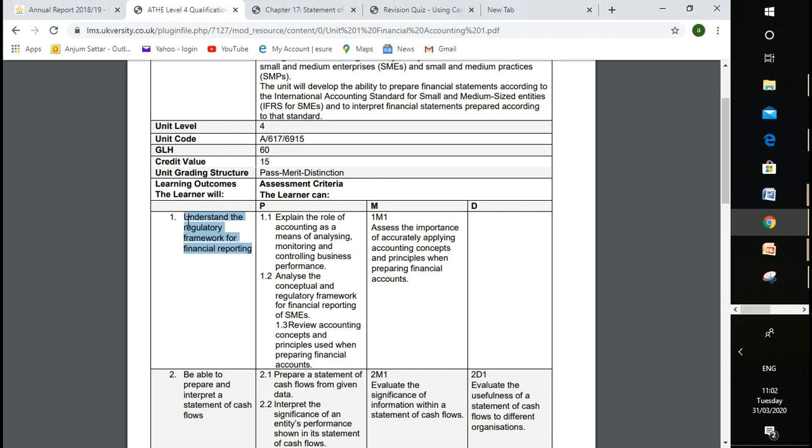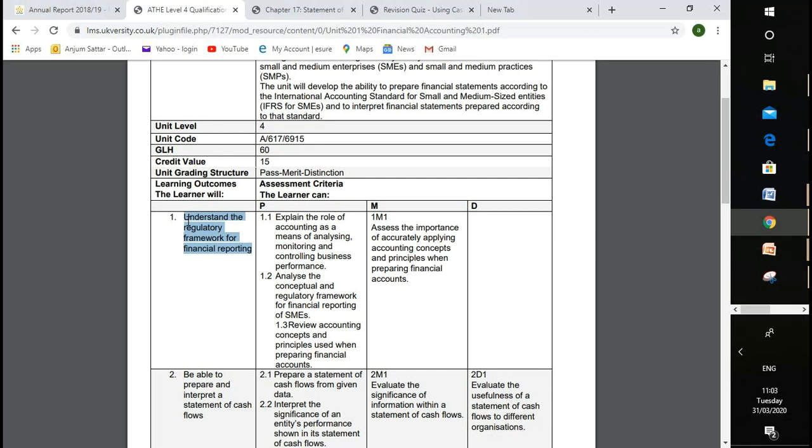Second, the statement of financial position, also known as the balance sheet. Then we discussed different accounting concepts, such as the accrual basis, also known as the matching concept: income and expenditure of a particular year should be recorded in that year, not on the basis of when we receive the cash.